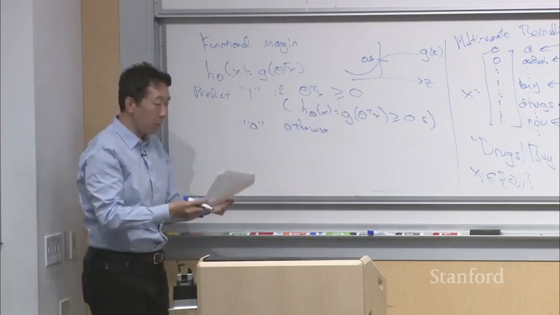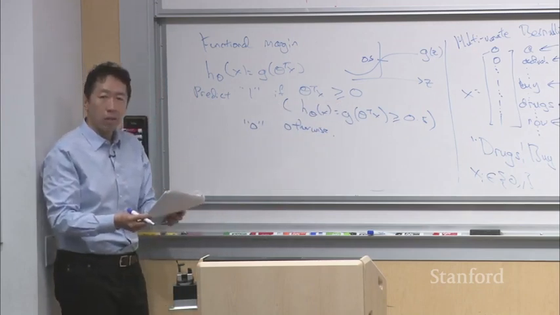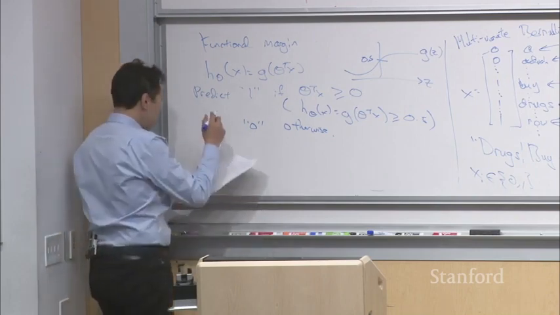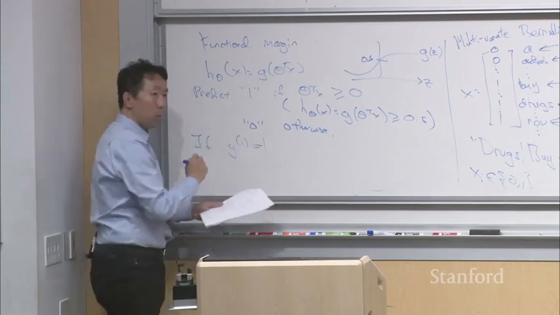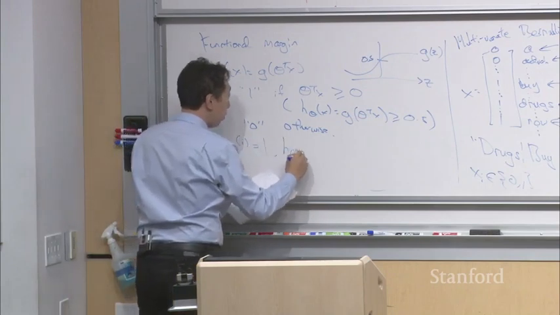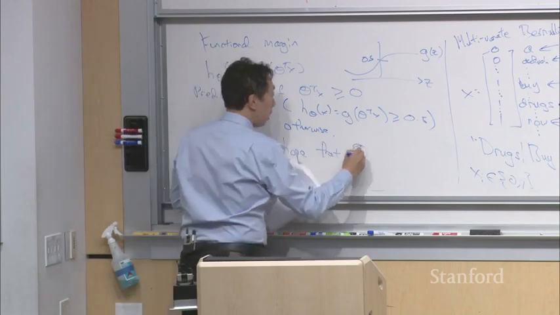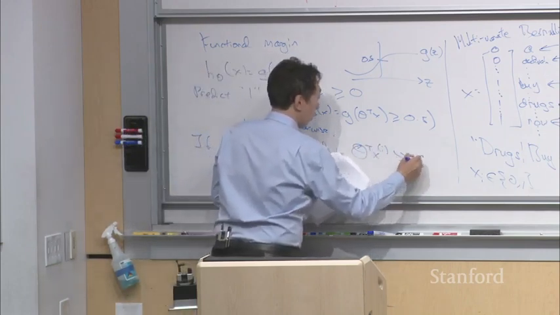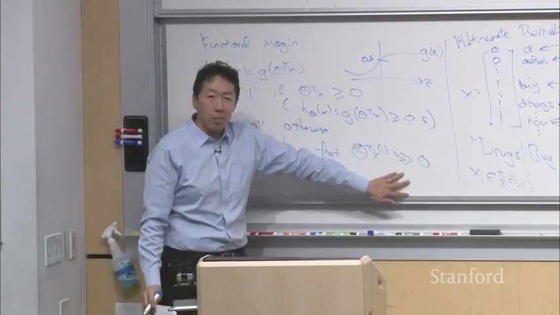So this is what will happen if you have logistic regression output 1 or 0 rather than output a probability. In other words, if yi is equal to 1, then we hope that theta transpose xi is much greater than 0. This double greater than sign means much greater.